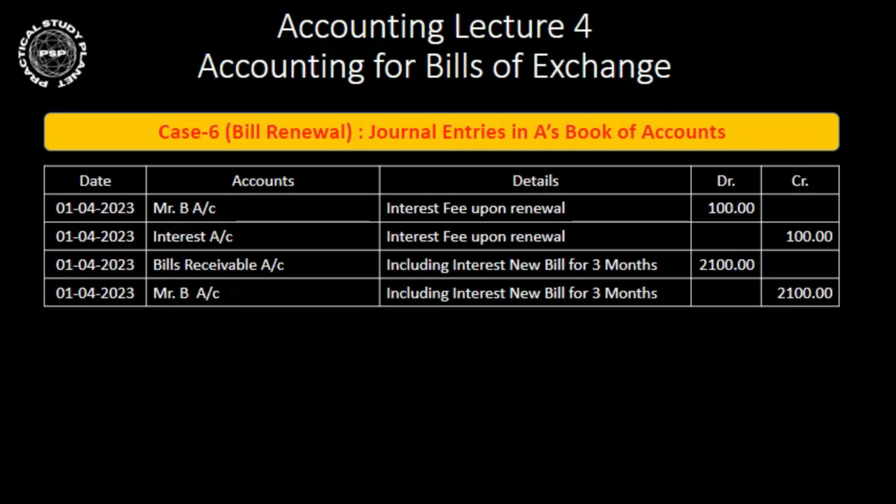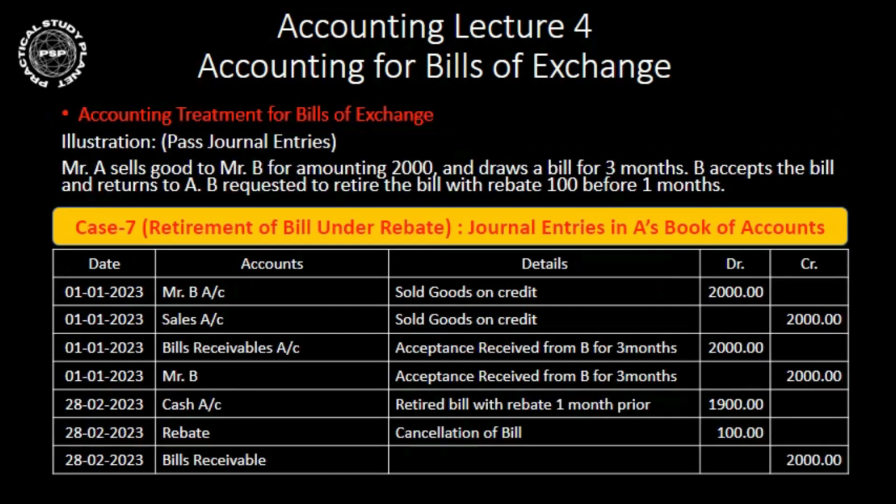Mr. B will be debited for the interest. Interest is income for A, so interest will be credited. The bill amount is now 2100 as the interest amount is also included in the bill receivable. So Mr. B will pay 2100 at the end of maturity of the bill, including the interest.